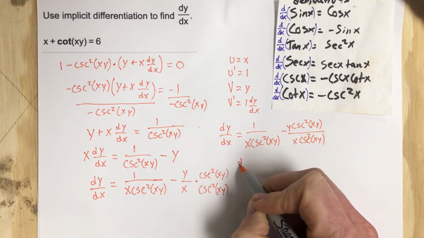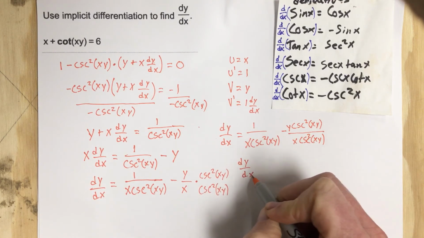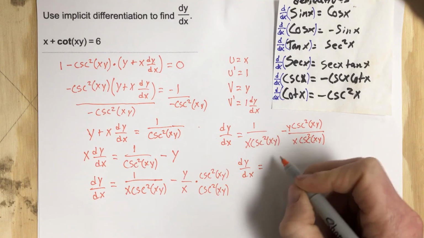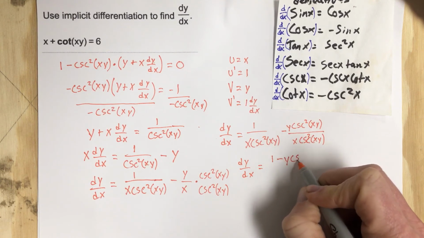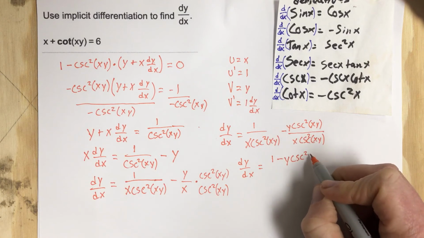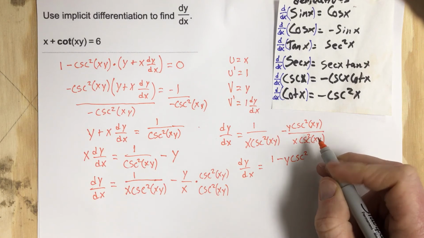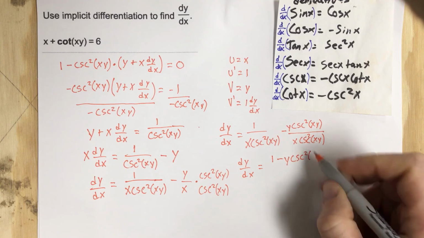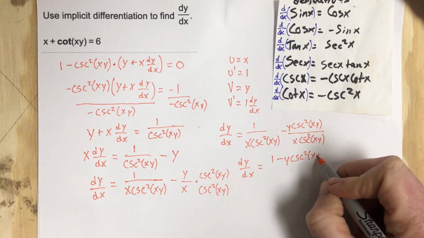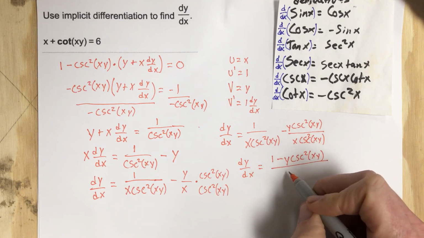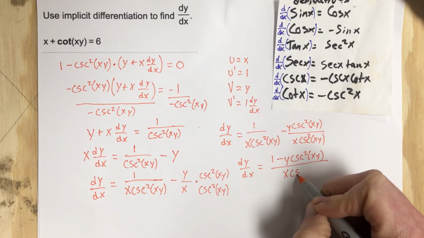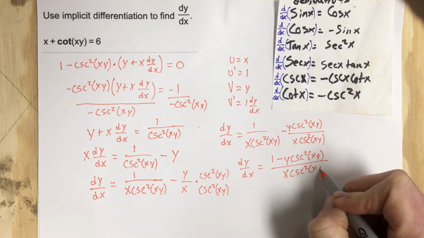So then I have dy over dx is equal to, I can say that this is now all just 1 minus y cosecant squared xy over, and then on the bottom we'll have x cosecant squared xy.